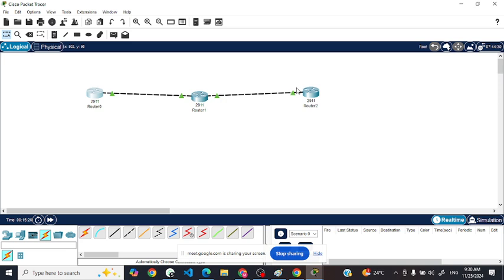Sir, one doubt. Can I ask? Yeah, you can ask. Sir, my doubt is, for the router the exit interface is gigabit 0/0. Yes. The next hop IP address will be the next hop IP address for this interface.